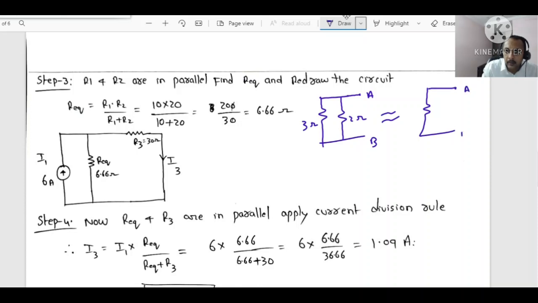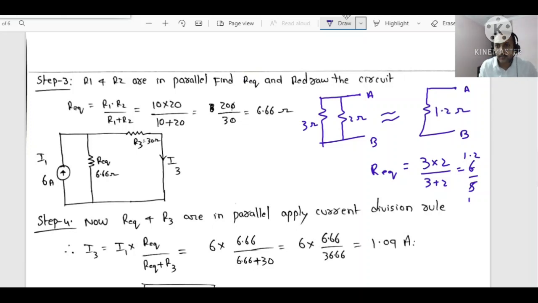R equivalent is AB by A plus B. That is 3 into 2 divided by 3 plus 2, which is 6 divided by 5, that is 1.2 ohms. We know this basic, already discussed. If two resistors are in parallel, R equivalent is R1 into R2 divided by R1 plus R2.